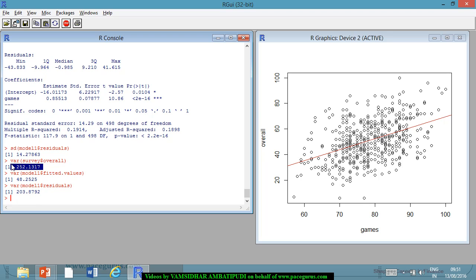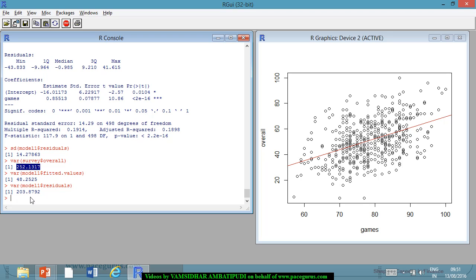So the total variation in the data is the summation of the variation in the fitted values plus the variation in the residuals. I am trying to look at what portion of the variation in the overall data is taken care of by my fitted values.